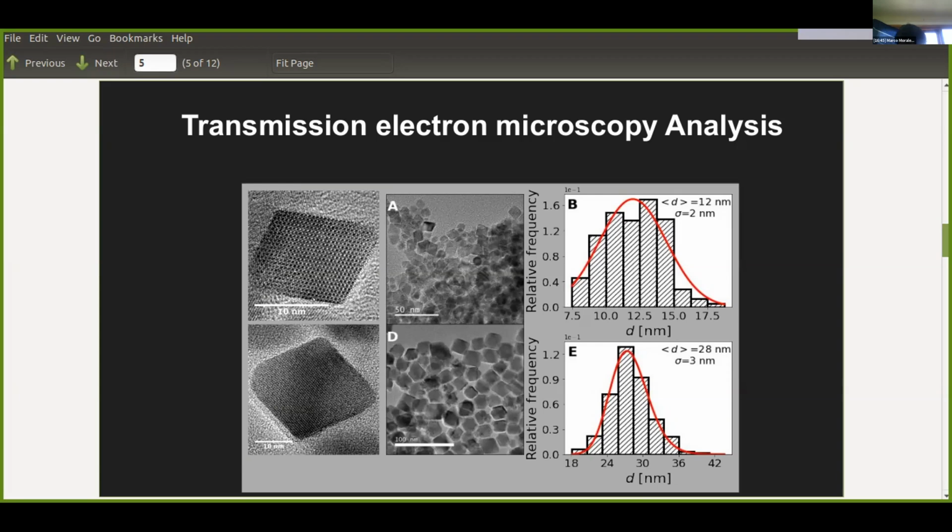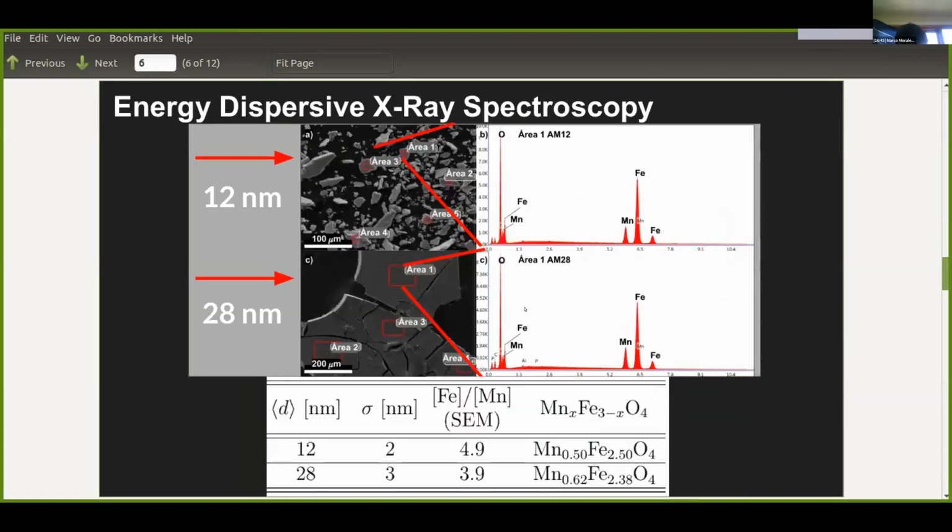And with high resolution TEM, we can appreciate in greater detail these synthesized nanoparticles, where we find plane structures associated with the crystalline structure of the particles. To find out the elements that make up the particles, we perform energy dispersive X-ray spectroscopy using a scanning electron microscope.